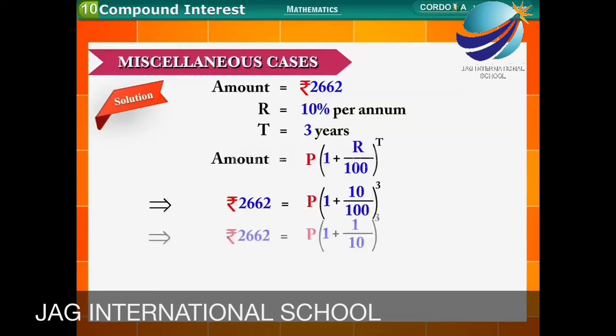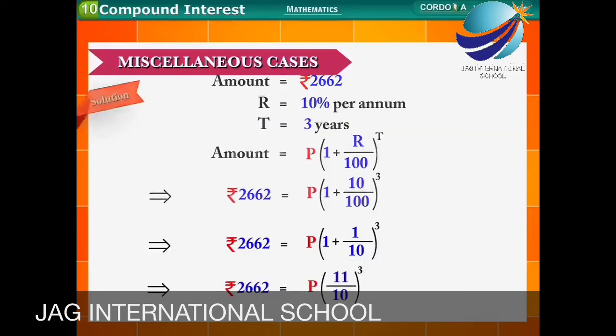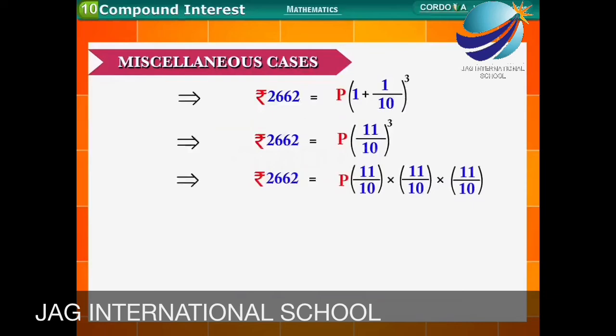This implies Rs 2,662 is equal to P into (1 plus 1 upon 10) cube. This implies Rs 2,662 is equal to P into (11 upon 10) cube. This implies Rs 2,662 is equal to P into 11 upon 10 into 11 upon 10 into 11 upon 10.